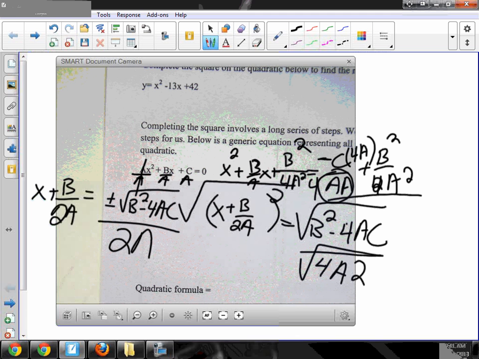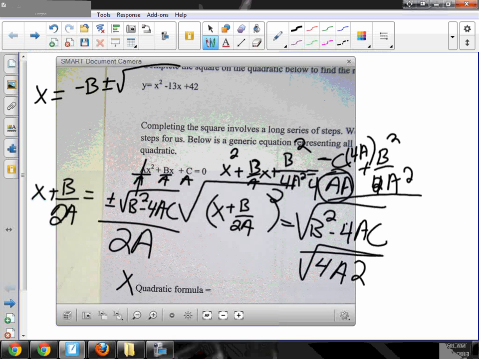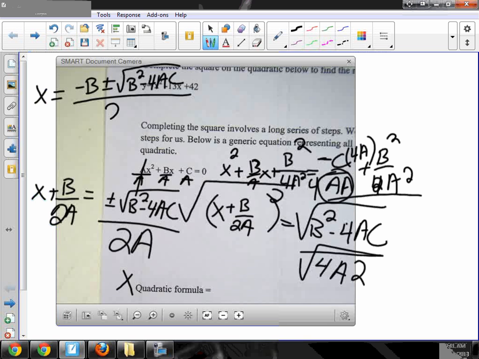And notice I have a common denominator now. So I'm going to subtract b over 2a, and my quadratic formula down here, I don't have room, but you'll put it down here, is x equals negative b plus or minus the square root of b squared minus 4ac over 2a.